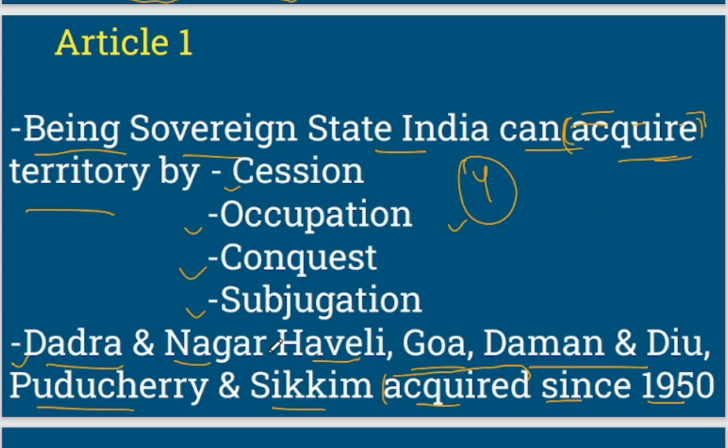Since 1950, Dadra and Nagar Haveli, Goa, Daman and Diu, Puducherry and Sikkim have been acquired through all these four criteria. So it is important to know.